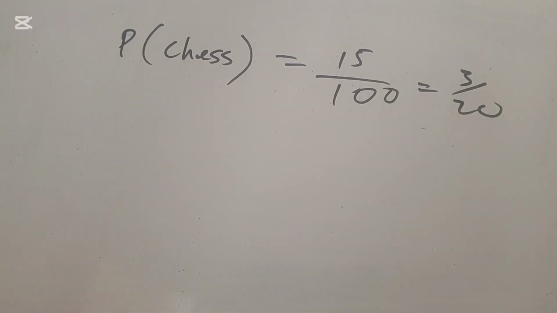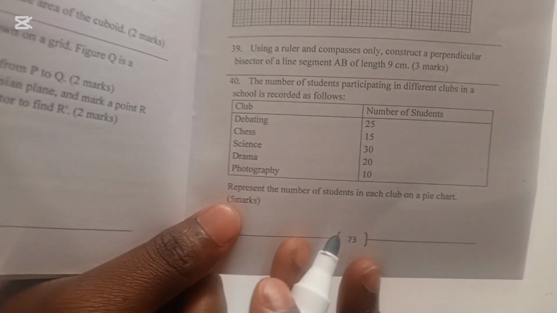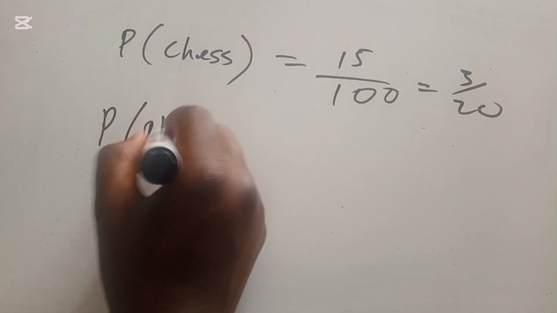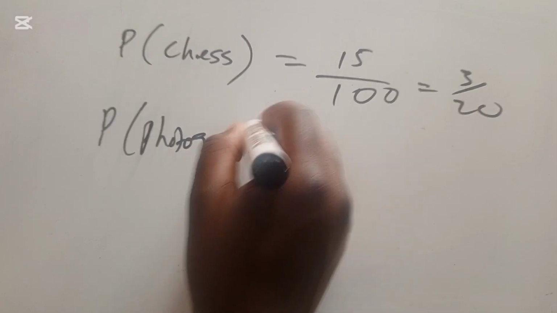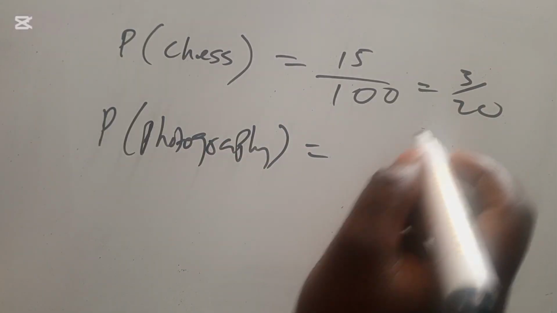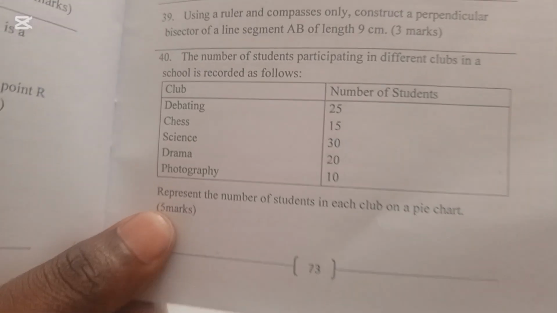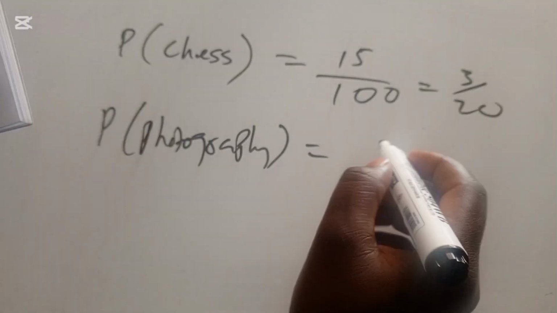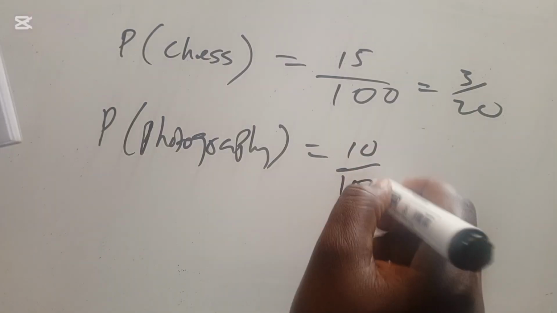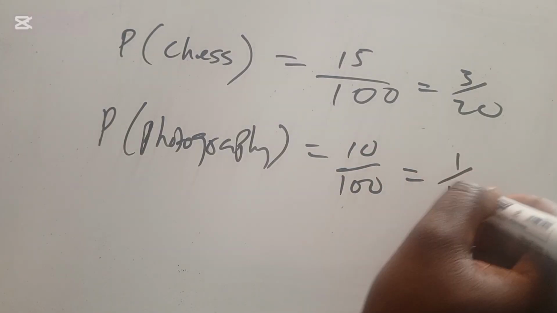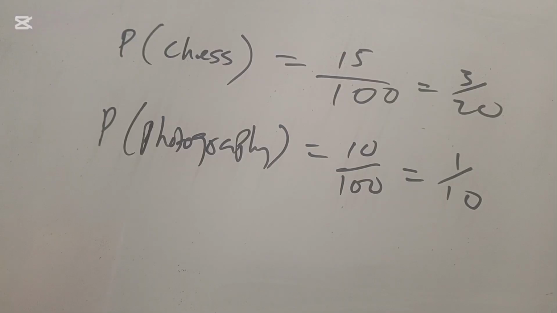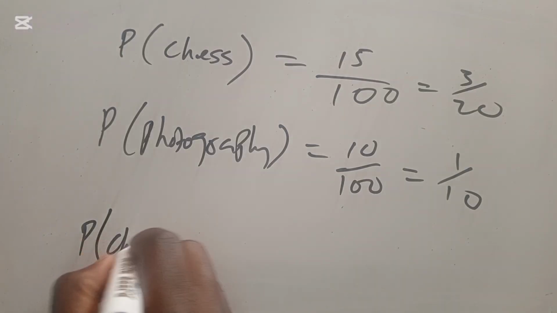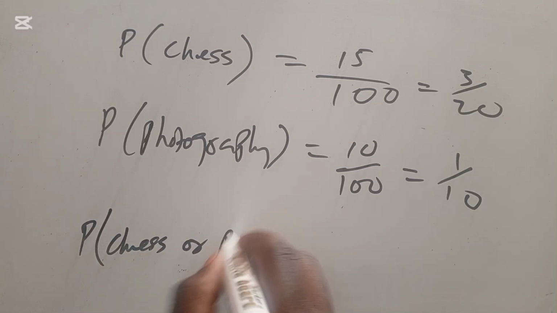What about the probability that a student is in photography? The students in photography are 10, so you have 10 over 100. So your answer is 1 over 10. What about if we made this question probability of chess or photography?